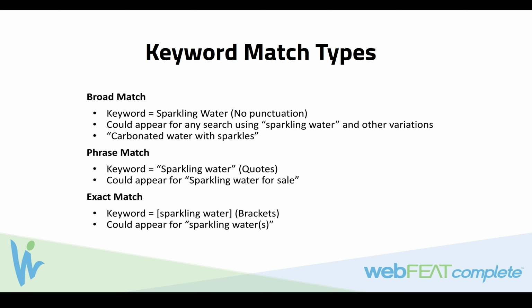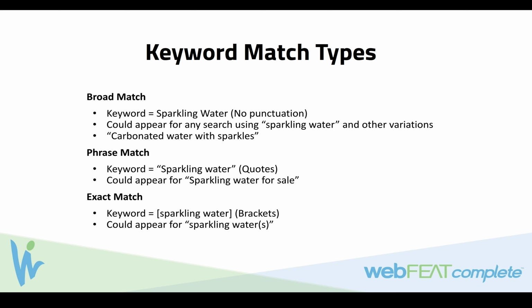So there's a chance that you're basically going to be paying for a click when someone searches for something like carbonated water with sparkles. So that might be completely irrelevant to what your business actually offers. So we really always stay away from broad match keywords.